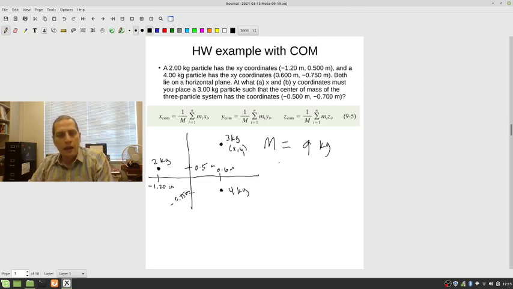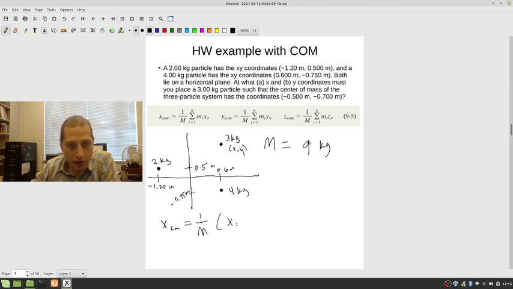Okay, and if you want to set up your center of mass equations, you'd have, for instance, your x center of mass equals 1 over m times x1 m1 plus x2 m2 plus x3 m3. But notice how I've already got most of these things because I have my r center of mass.